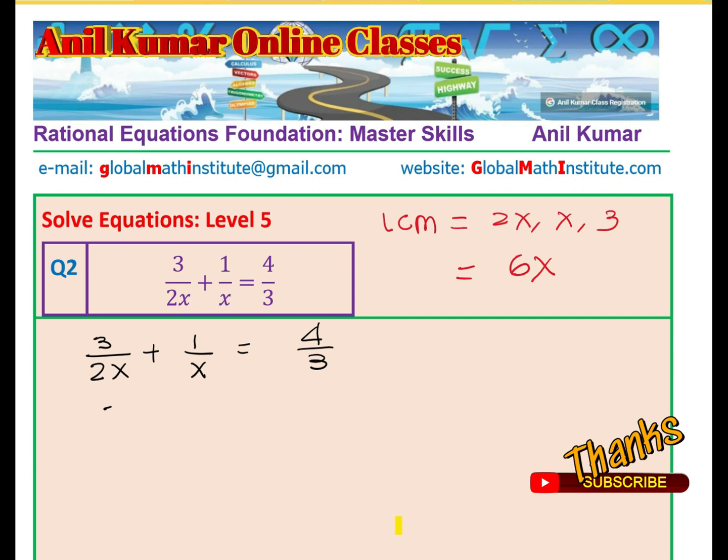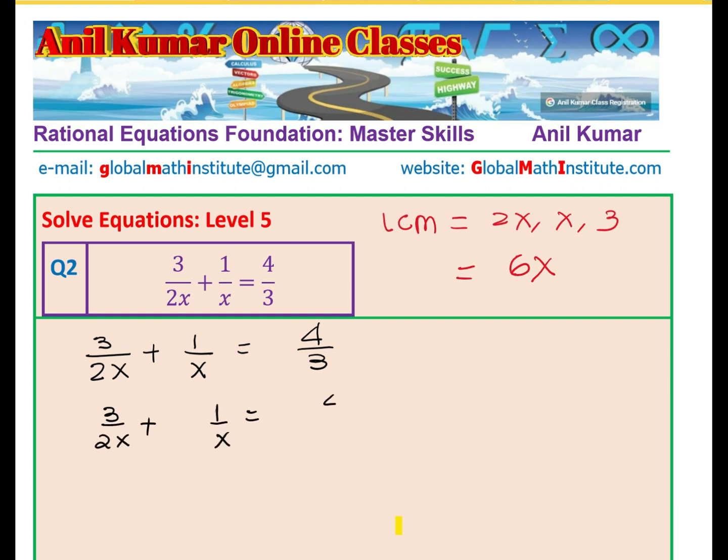So let's do it. We have 3 over 2x, plus 1 over x equals 4 over 3. We are going to multiply each term with 6x. This dot means multiplication. So that goes 3 times, this goes x times, and that goes 2 times. Now we can rewrite 3 times 3 as 9, plus 6. And we have 2 times 4 as 8x. You see that?